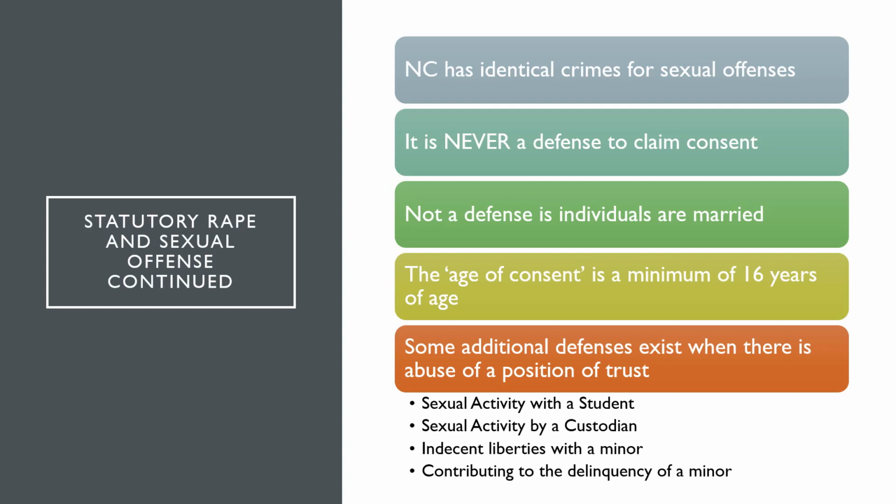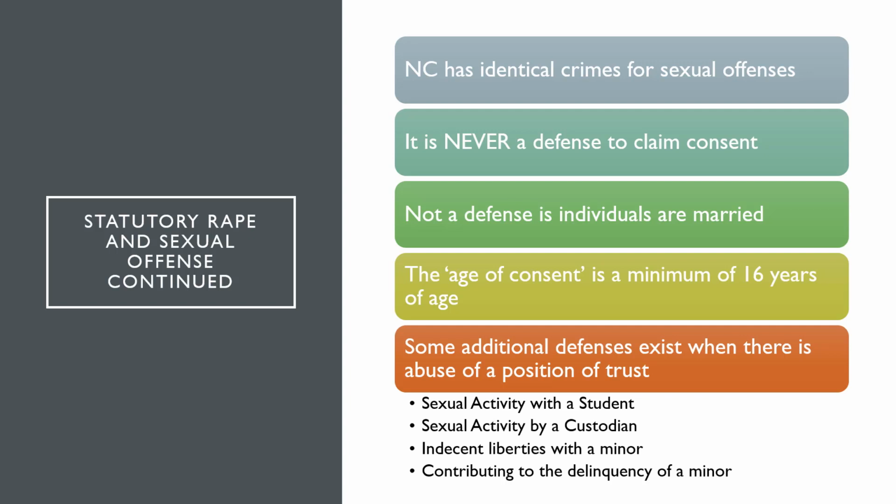You have someone, usually a teacher, a principal, someone in the school system who is having sexual relationships with someone in a lower position, a student. Sexual activity by a custodian, that's someone who has charge of a person. I'm not talking about the old definition of custodian, which was a broad definition of janitor. I'm talking about someone who has custody of, control of.